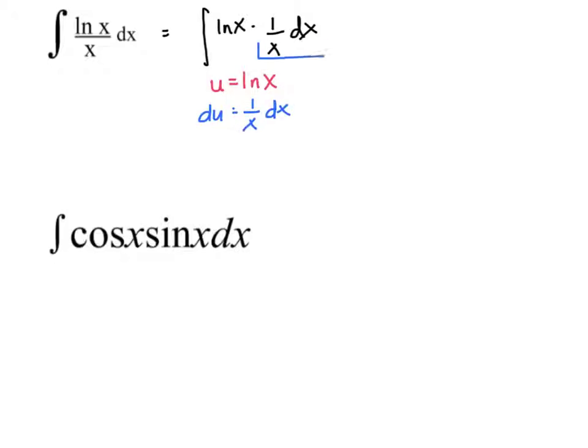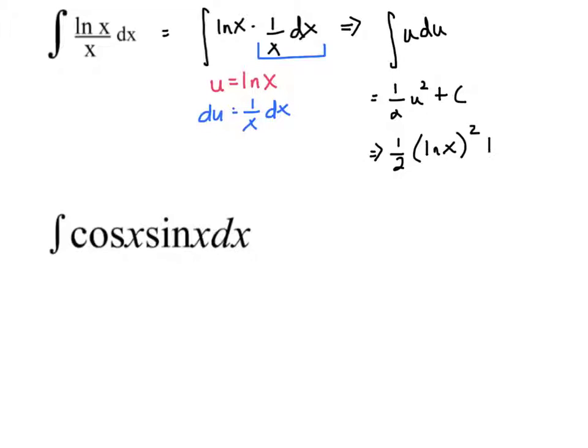So I can take out this whole thing with just a du. So my integral becomes u du. And that's it. Well, u, we raise the power and divide, it becomes 1/2 u squared plus a constant. So plug back in. Like that.